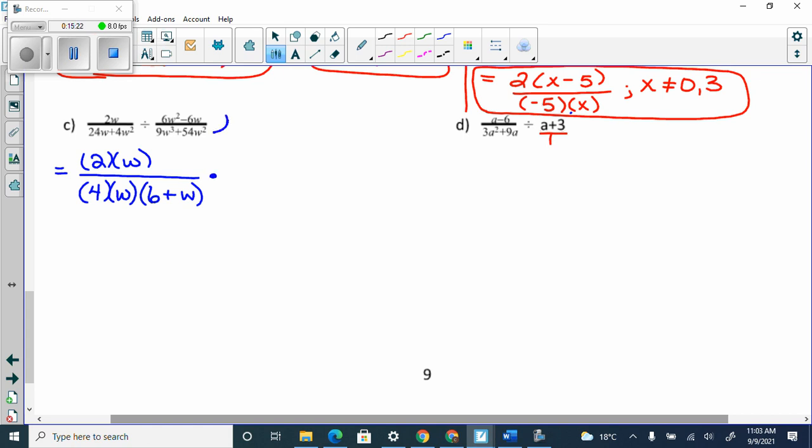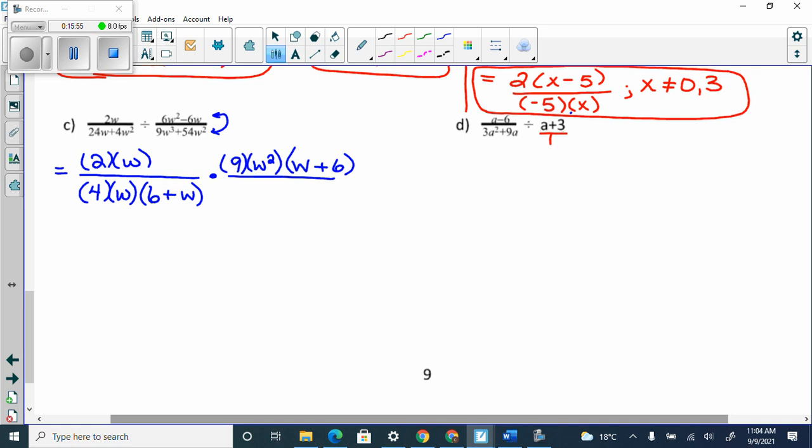Times, I'm going to have to move these. So on the top, I'm going to have 9W cubed plus 54W squared. I can take a 9 out of both of them and a W squared. Then what's left over? So 9W cubed, take out a 9W squared, and I'm left with W plus sign. 54W squared, take out a 9W squared, and I'm left with 6.